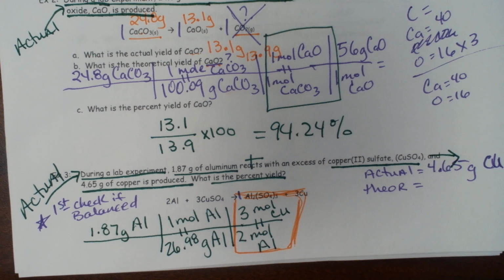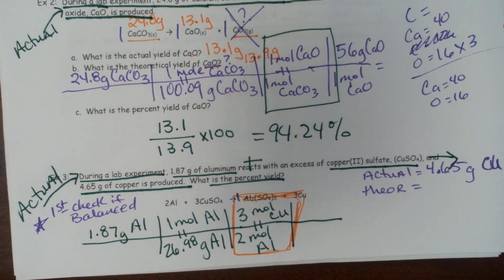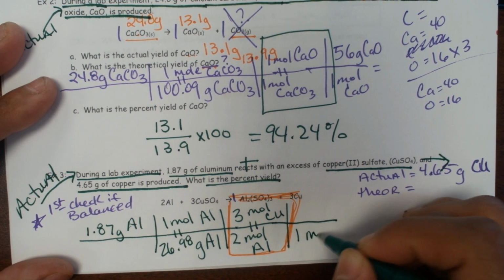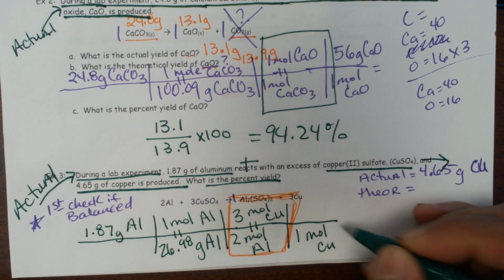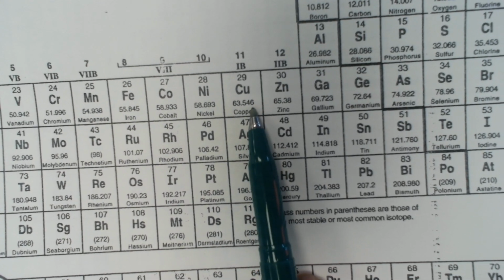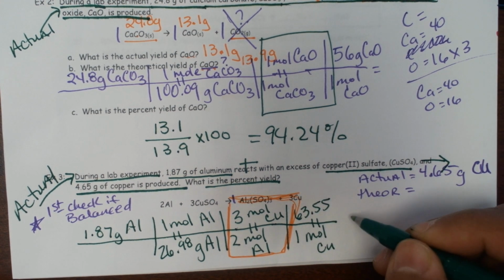Now I can come over here, and I know that using the periodic table, 1 mole of copper, Cu, is 63.55.